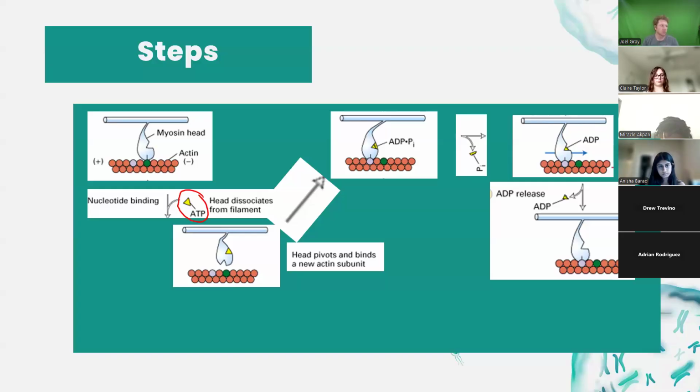Now, what's going to happen here is that when the actin filament is released, my hand or the myosin head group is going to undergo another change. Not only has it lost its affinity for that actin filament, but it basically goes like this. And whenever it does this motion, now all of a sudden it can bind to another part of actin.